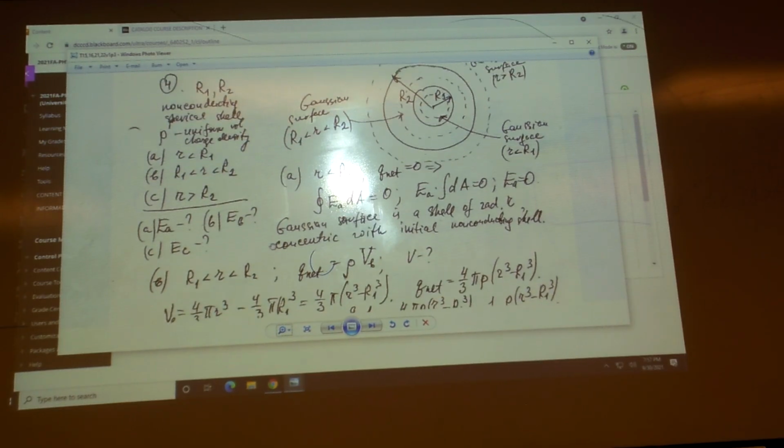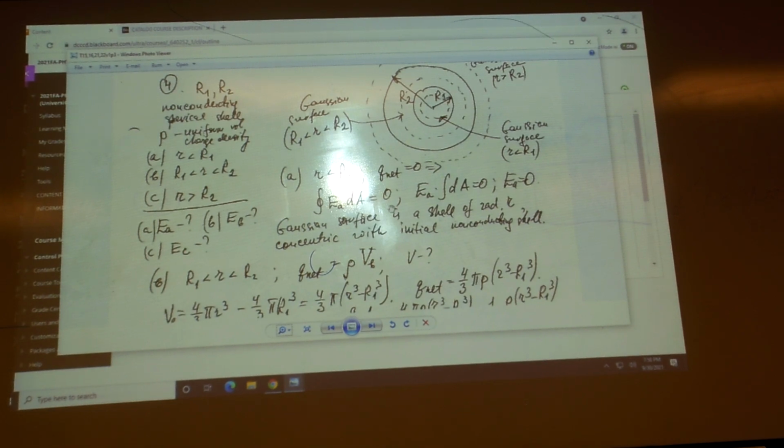So we start from the inside part of the shell. So condition R smaller than R1, and always when you write, you need to specify A, B, C, what steps you're going through. We write that no charge here, and we write Gauss law for this particular case.